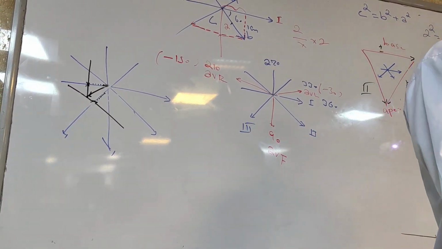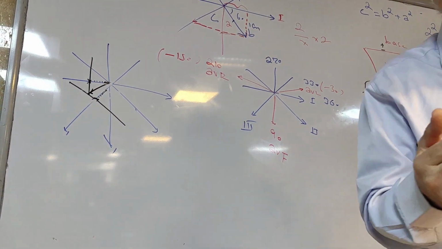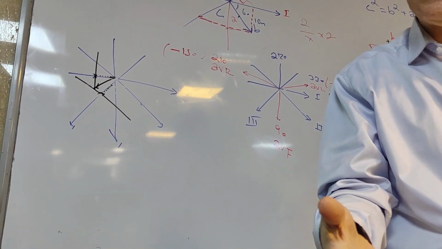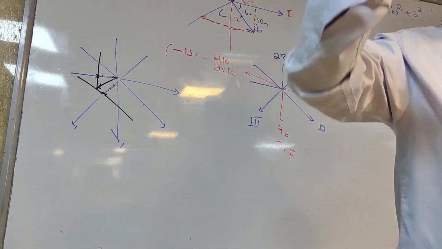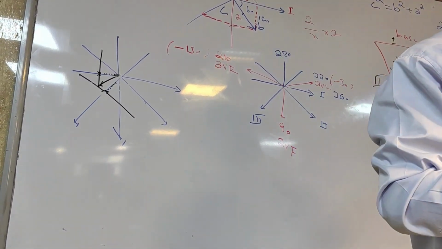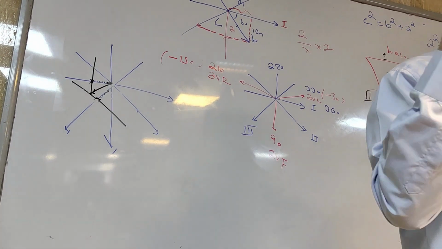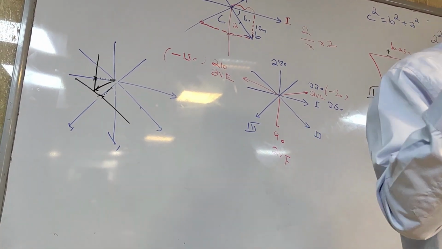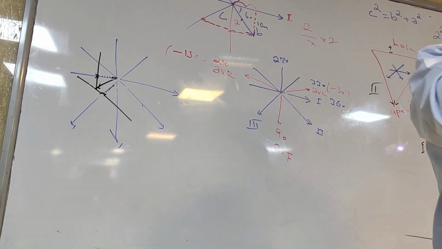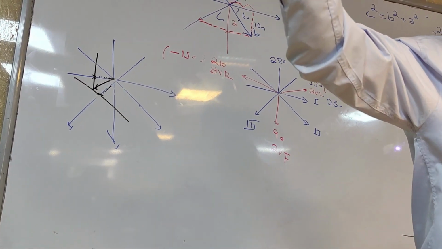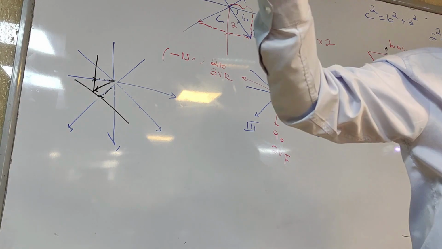There is no voltage. All the ventricles are in a polarized state at rest, until another depolarization initiates. All the ventricles are in polarized states, plus charges outside, negative charges inside.